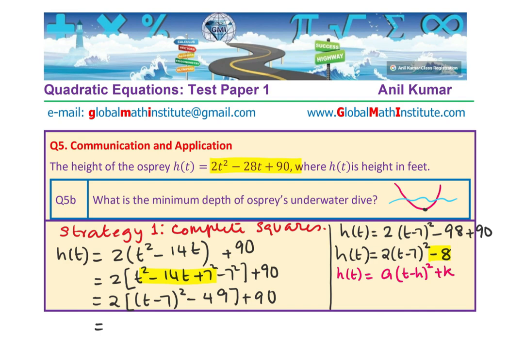We can write down our answer here as the minimum, which in this case is the depth, is 8 feet, right? Or you could write the minimum is -8. We have written the word depth, which means negative. So that is how you could really answer this.